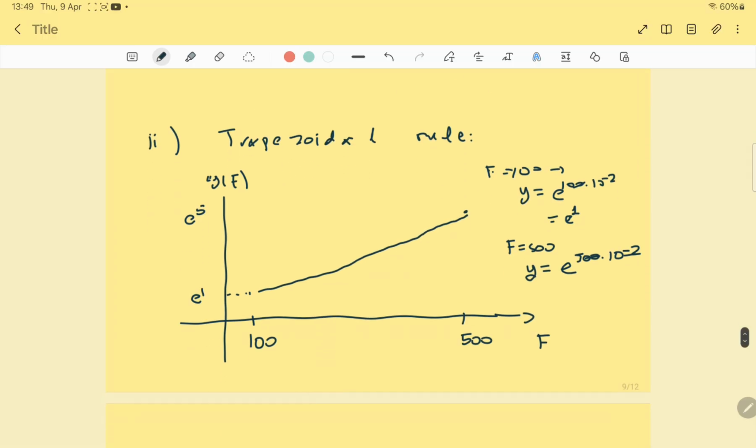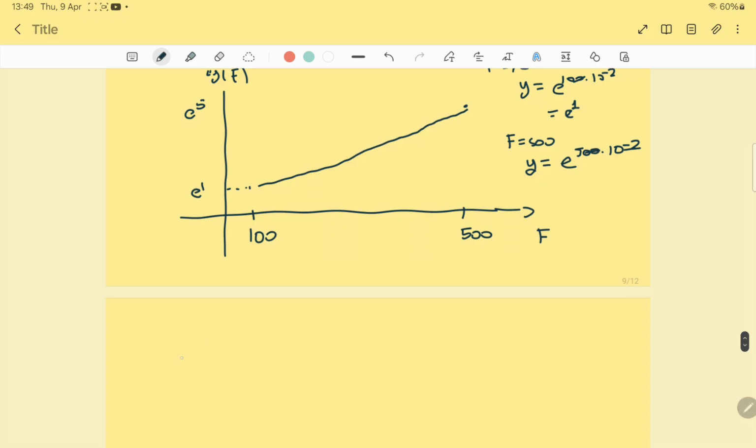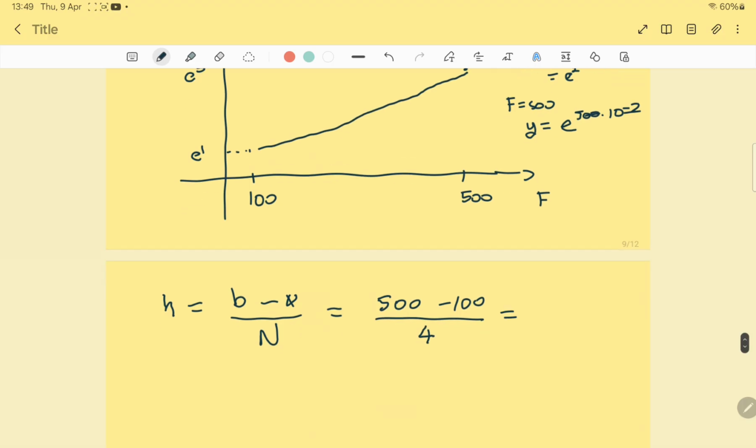The trapezoidal rule says the following. Let's find the step size. h is going to be b minus a over n, 500 minus 100 over n, and n is the number of trapezia I want to use. Let's say we want to use 4 trapezia. 400 over 4, that's going to be 100.